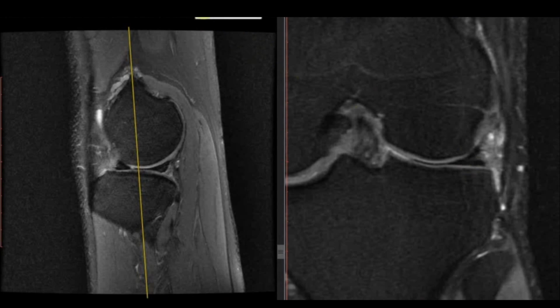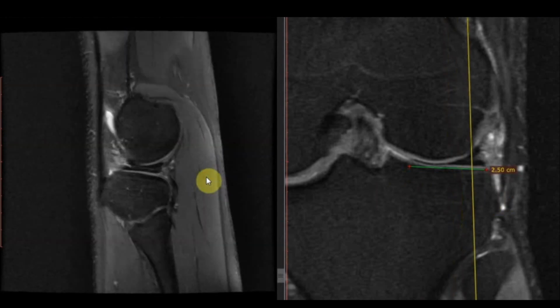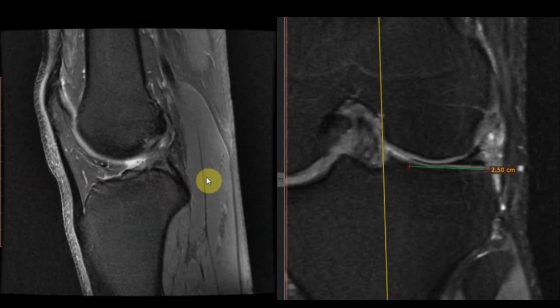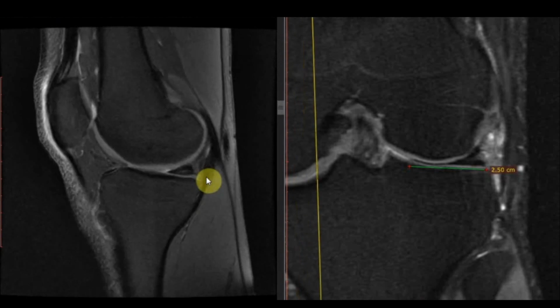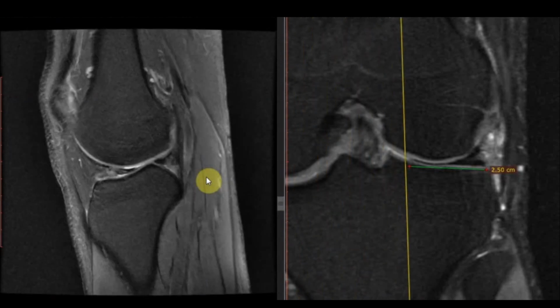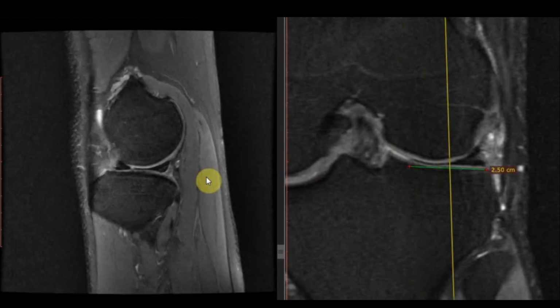So let's measure it. This is covering approximately 2.5 centimeter width of the tibial plateau. So this is a discoid meniscus, and this patient is not having any history of trauma but is having pain and flaking. So the clinician suspected some meniscal pathology and ordered MRI.